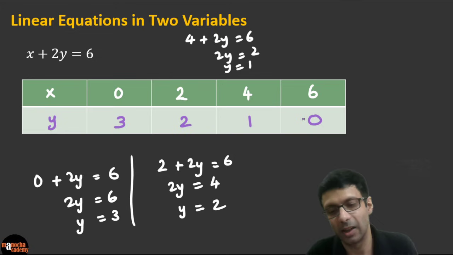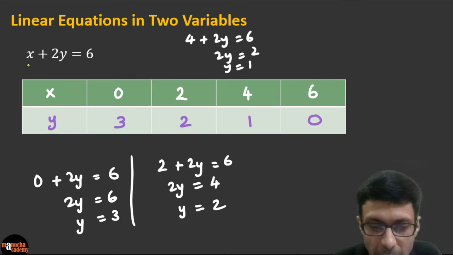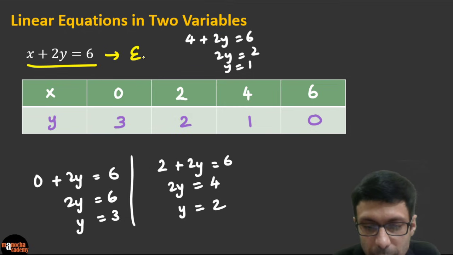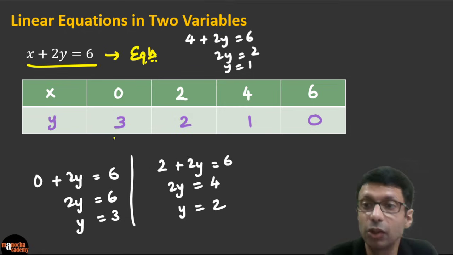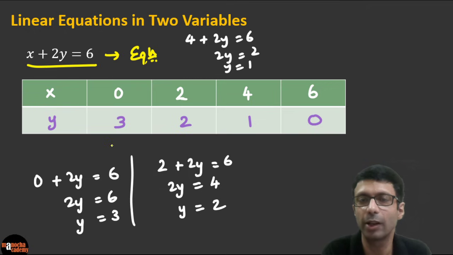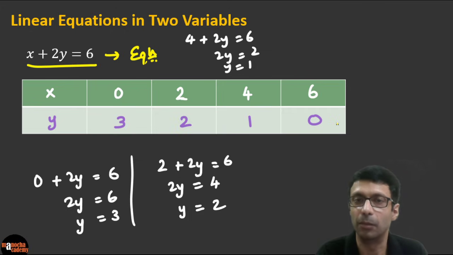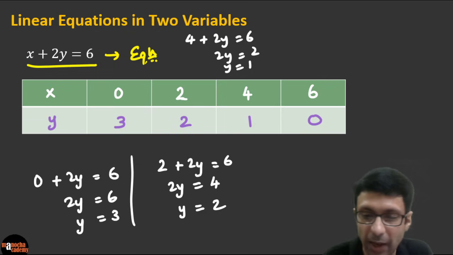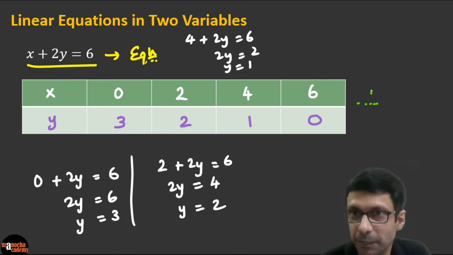So we've made a table using our equation, which is a linear equation in 2 variables. We are seeing what values of x and y satisfy this equation, and we know that there are infinitely many.